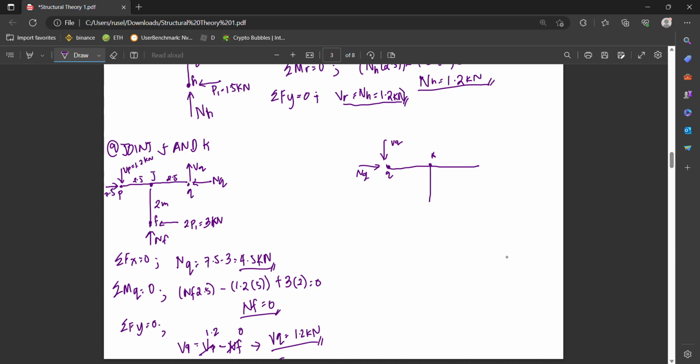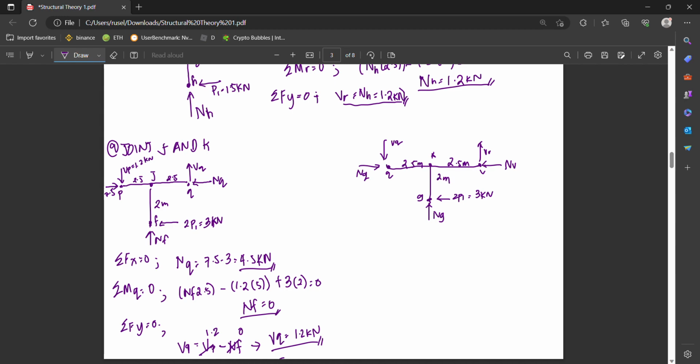This is your NV, your V, small v. This is your G. So, 2P1 natin dito is 3 kilonewton. Then, NG, this is 2.5 meter. 2.5 meter is 2 meter.